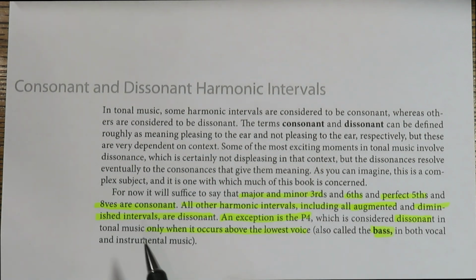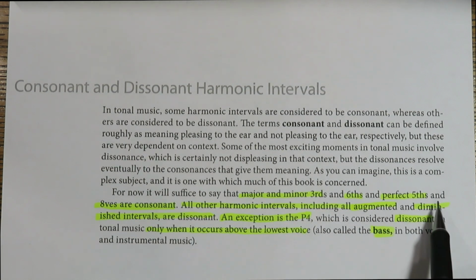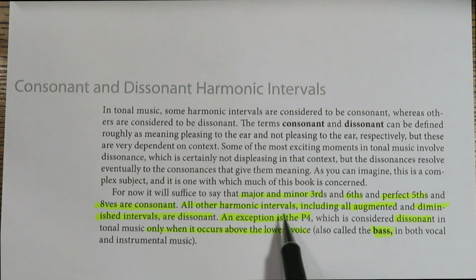For now, it will suffice to say that major and minor thirds and sixths and perfect fifths and octaves are consonant. All other harmonic intervals, including augmented and diminished intervals, are dissonant.